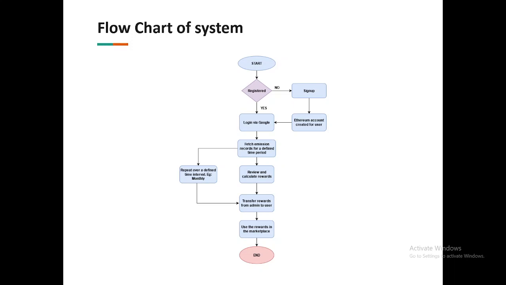Then all his emission records will be fetched from the government APIs, and they will be reviewed and rewards will be calculated, that is, how much should be given to him or her. The calculated reward amount will then be transferred from the admin of the system to the concerned user, and then he can use it in the marketplace.